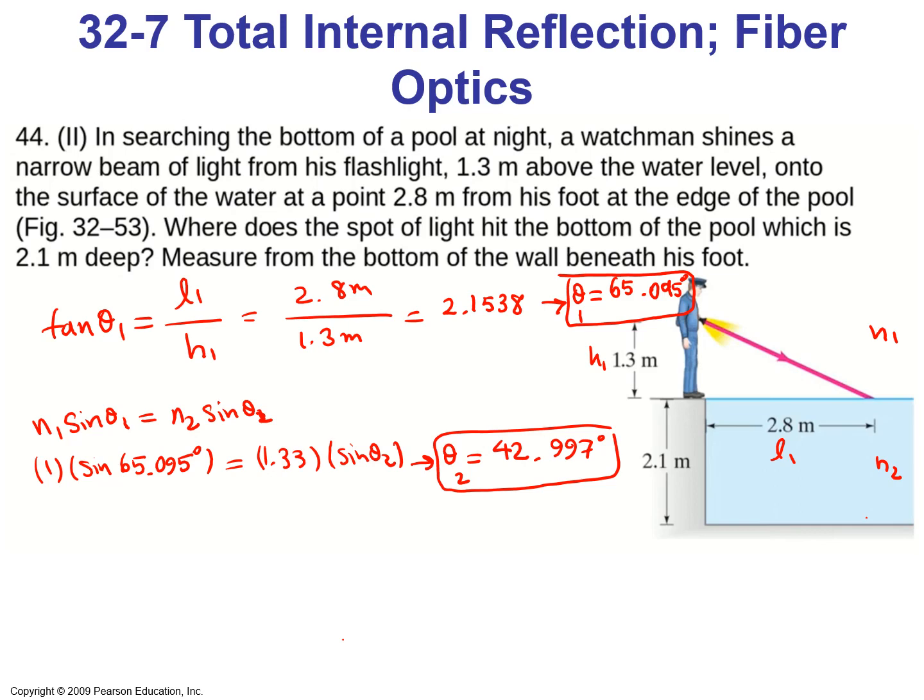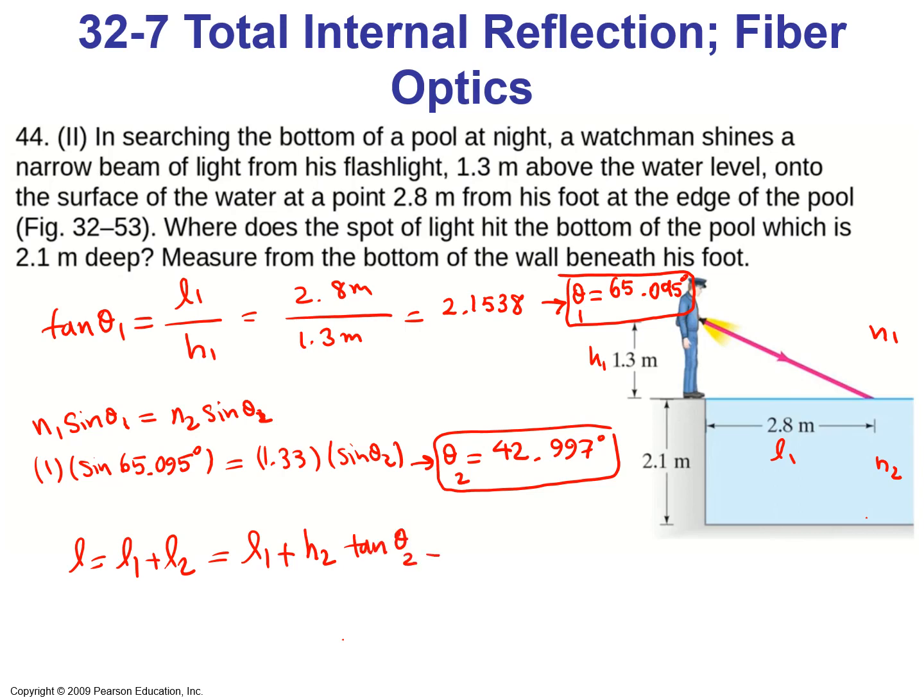The horizontal distance from the edge of the pool can be calculated with L is equal to L1 plus L2, and that is equal to L1, we know it, is the place where the light is going to be shined, plus H2 tangent of theta 2.